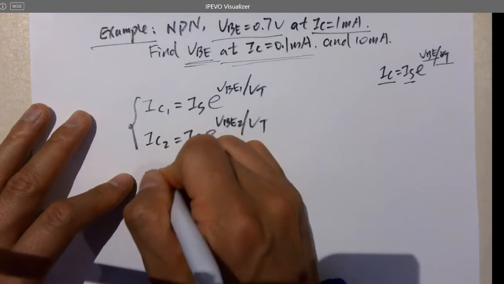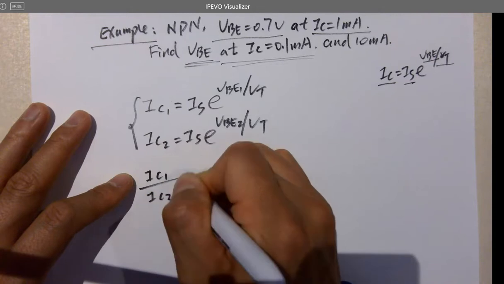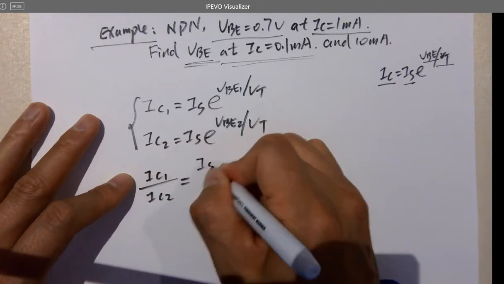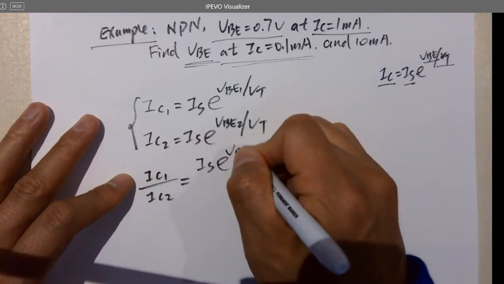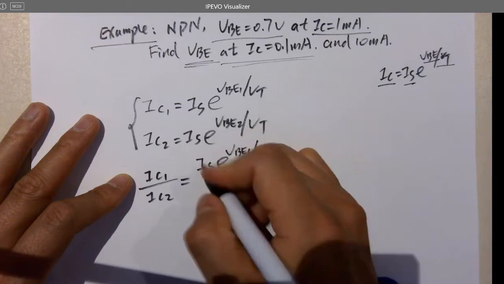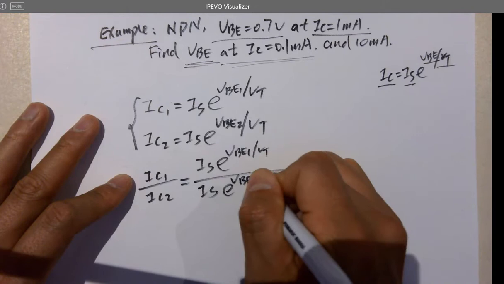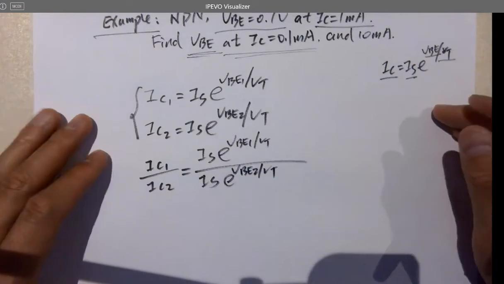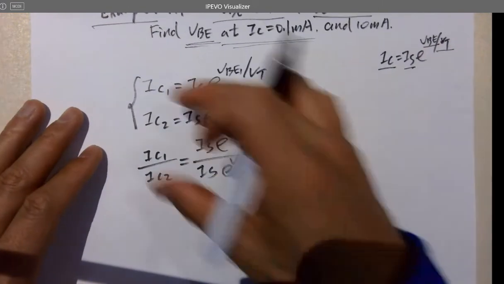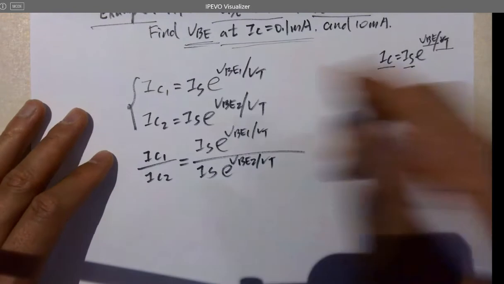So IC1 over IC2 equals to e to the power of VBE1 minus VBE2 over VT. All right, let's do this. Do a division on both sides of the equation. So IS canceled.